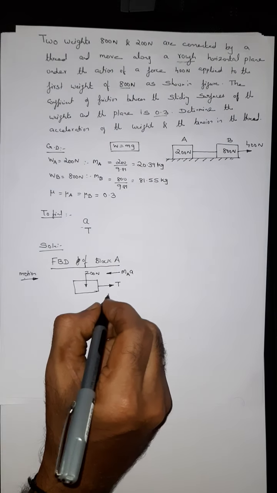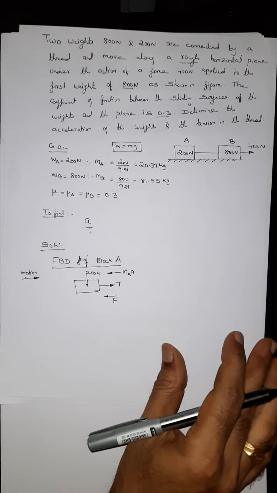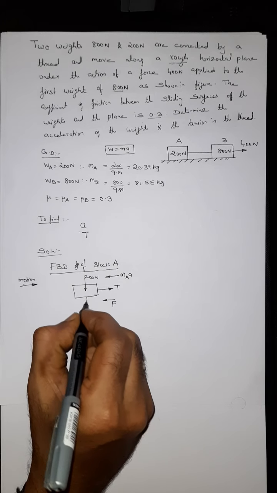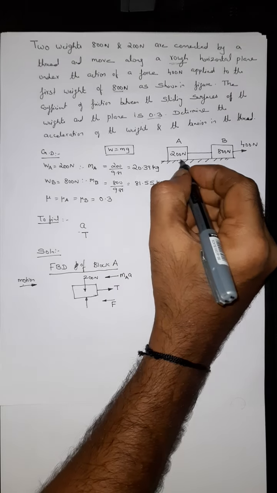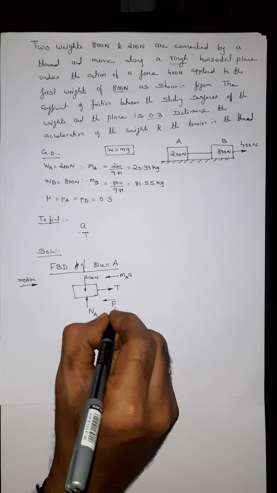Motion is right side, so the friction will act in the opposite direction. And there is a normal because two bodies are in contact, so NA and FA.